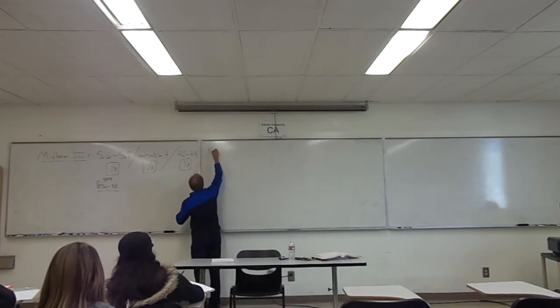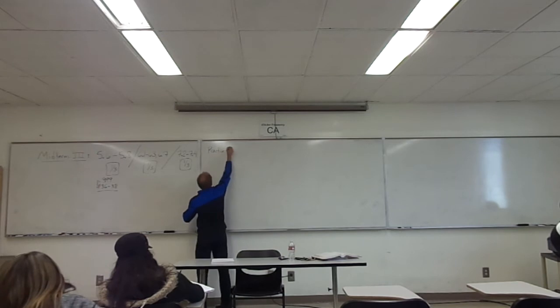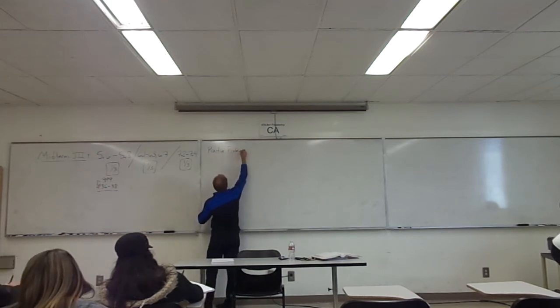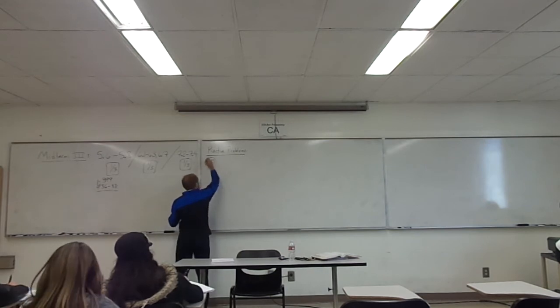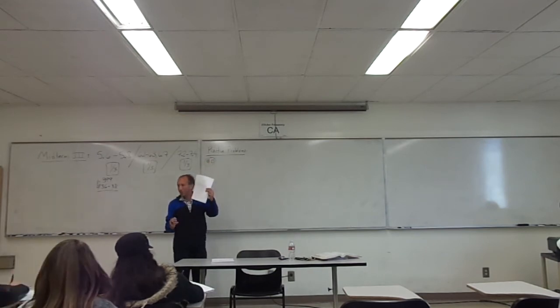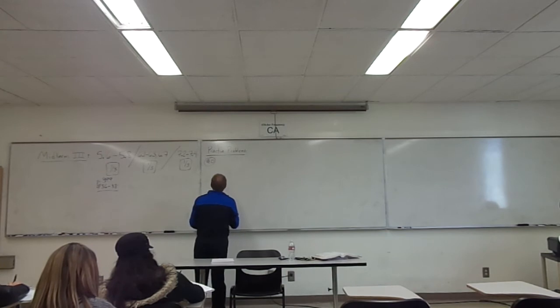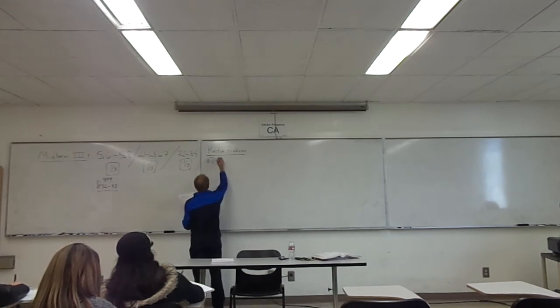Okay, so this is practice problems. Maybe what I'll do is I'll call this problem number 0, so it doesn't get confused with the ones that are on the sheet. Okay, so here's what it's going to say.